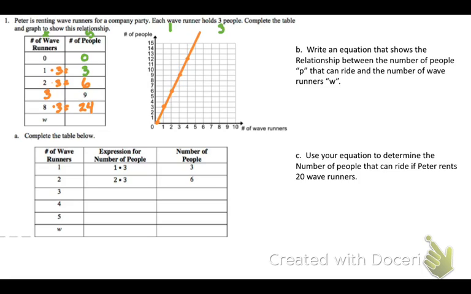It's a nice straight line. But what if I had W wave runners? What would I do to W? Well, I'd do the same thing, right? Times it by 3. Well, that equals 3W. Okay. Well, that's a lovely pattern. We've seen this pattern here. So finish filling out this table that I'm writing in right now.